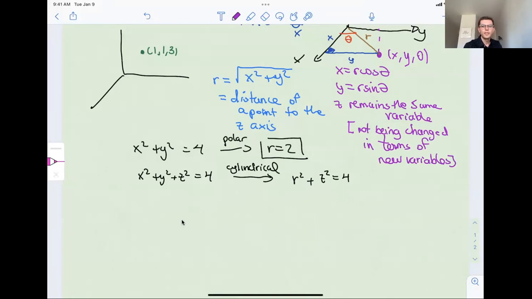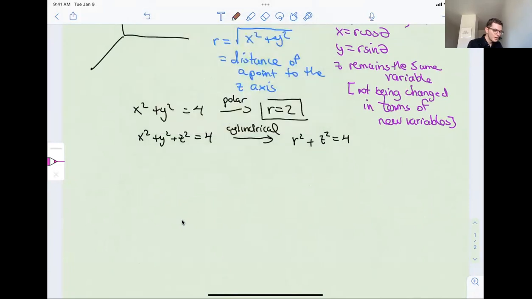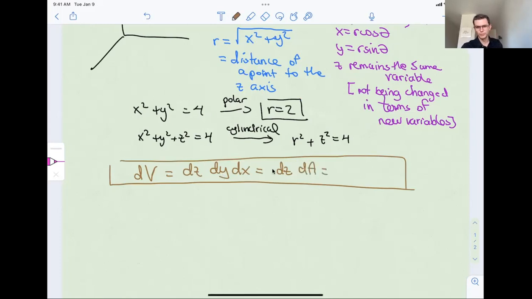Okay, and then the last thing that you need to know is what happened with dV. This was the stuff that goes into the triple integrals from before, like dz, dy, dx, right? But now remember that dy dx you could think of as dA when we were doing polar coordinates, or double integrals. What was the formula for dA in polar coordinates?